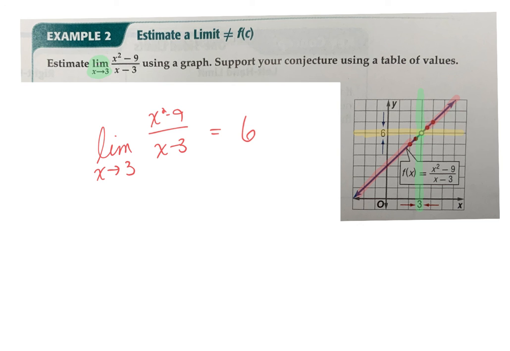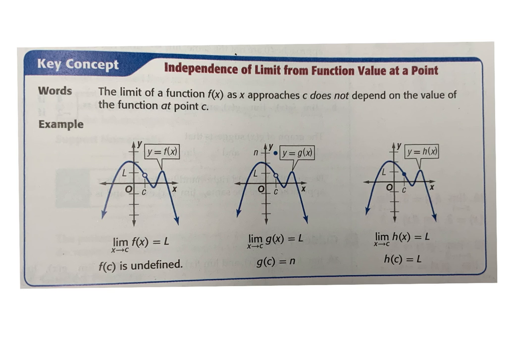If you look at the bottom of page 737, you see this breakdown of things that can happen with limits. All right? So let's look at the 3 scenarios that can happen with limits. The first thing that can happen to a function is it is undefined. There's literally nothing that works at that particular point.